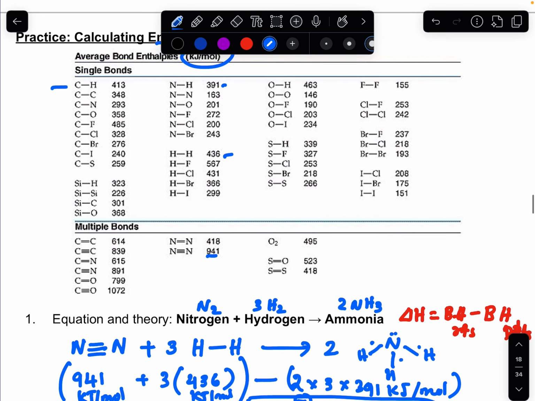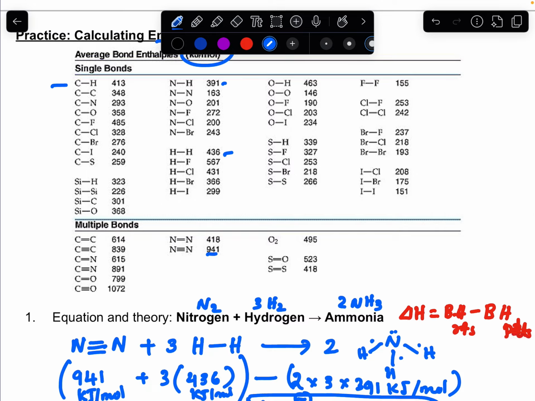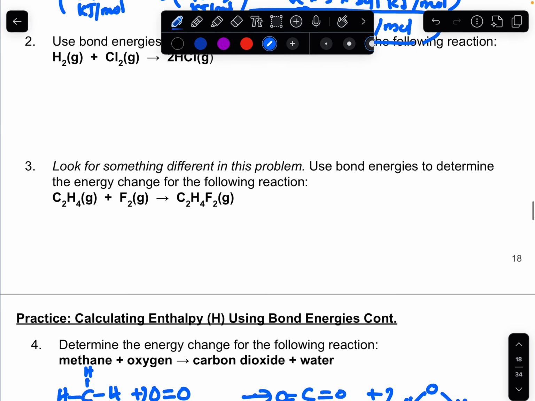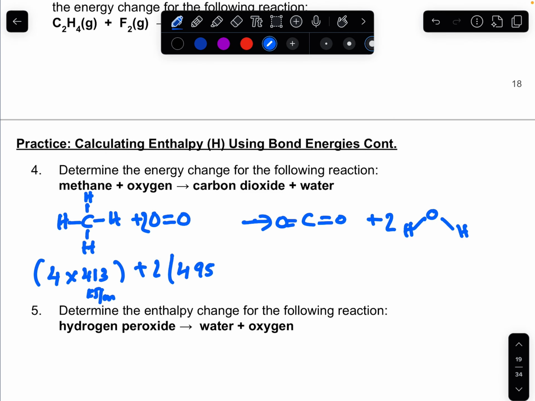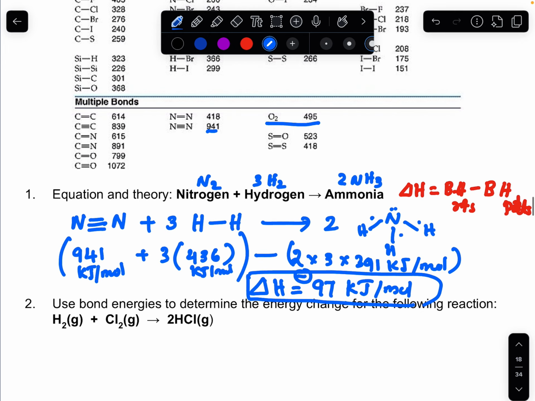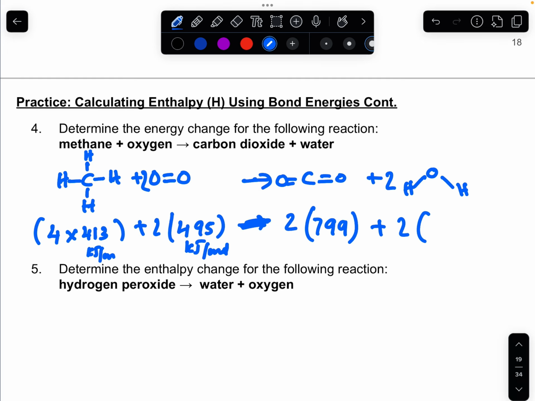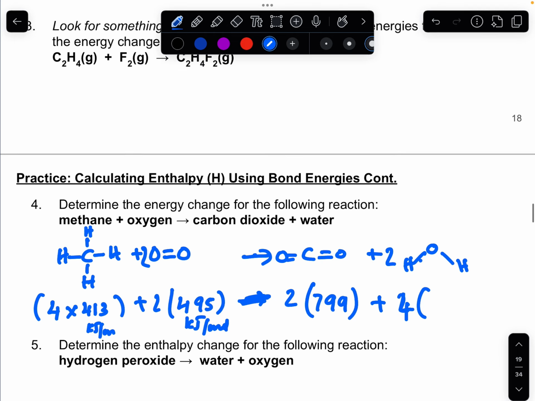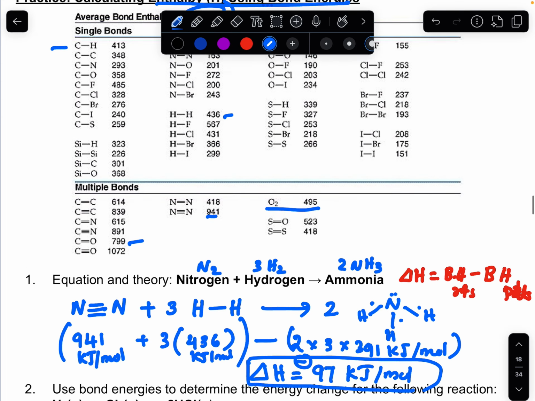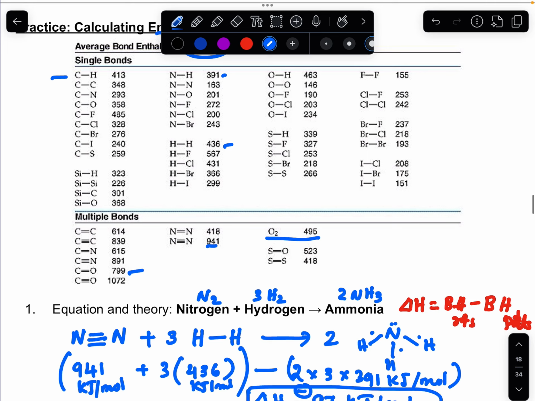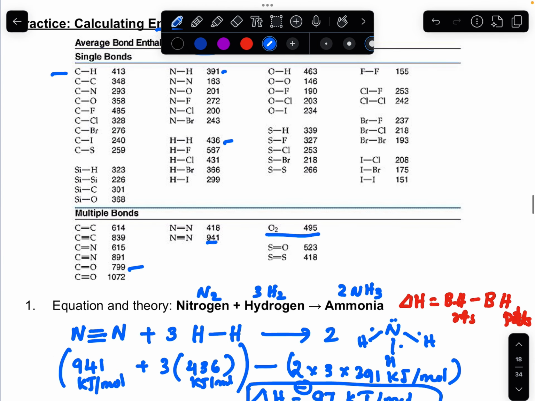We need O double bond O, which is given here, 495 kilojoules per mole, minus 2 times C double bond O bonds, which is 799, plus 2 times, there are 2 O-H bonds in each water, a total of 4, so 4 times O single bond H, which is 463.